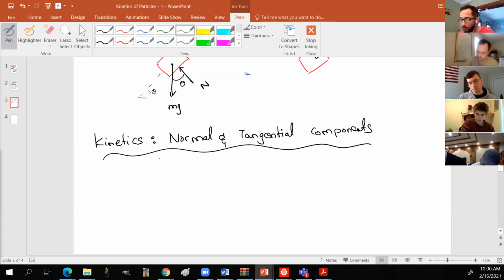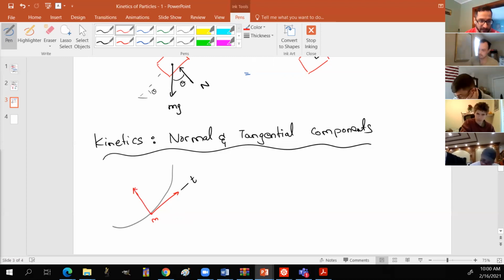That's another hint for you to know. So have something like that, right? Then you've got your tangential direction. So let's say that that's a mass m, right? So you have your tangential direction, and then you'll have your normal direction.